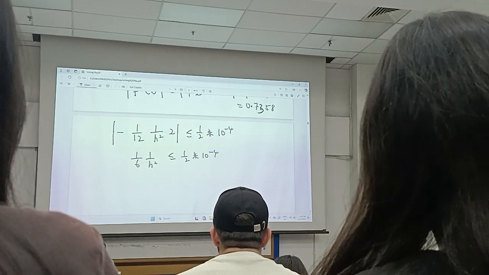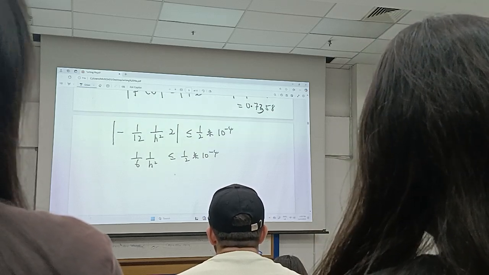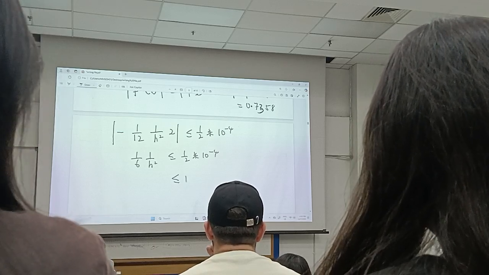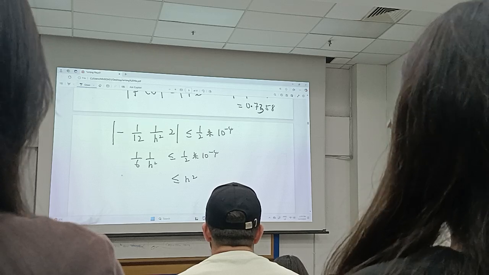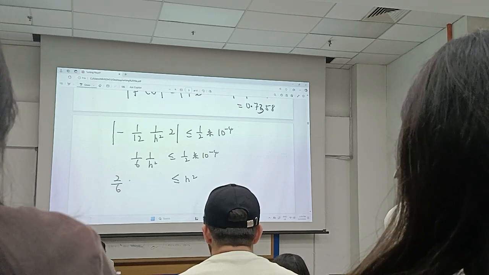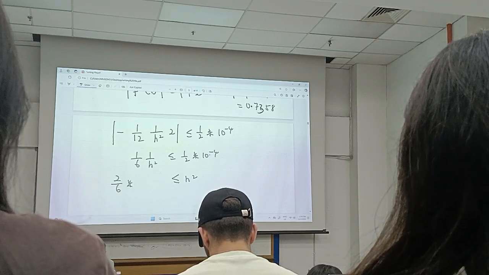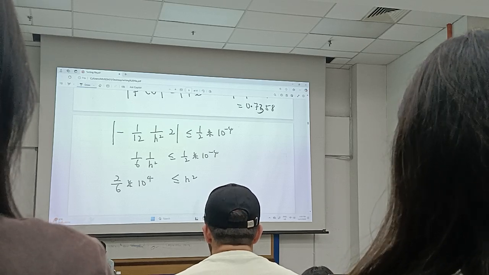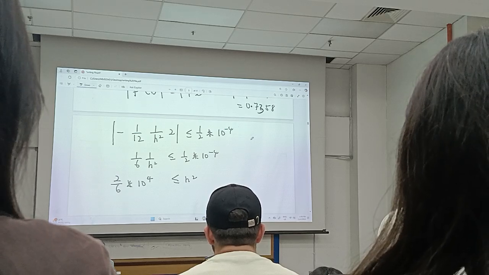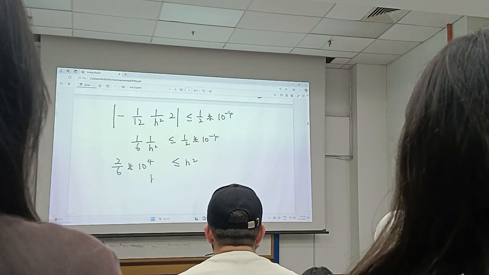So in order to get this n, we transfer it to the other side. Okay, transfer it to this side. So 1/2 transfer to here, so it'll be 2/6. 10 power negative 4 transfer it to here, will be 10 power of positive 4. Right. Okay, we write again.